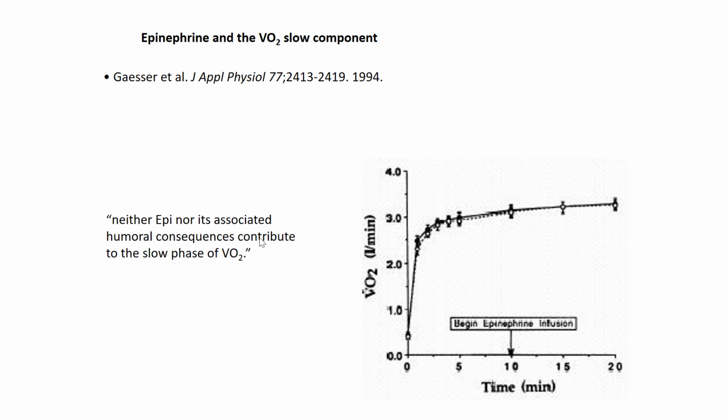And then they said, all right, we're going to have you exercise at an intensity that is exceeding threshold and evoking this slow component. And we're going to infuse that same amount of epinephrine that you had at maximal exercise, but at a submaximal intensity, but rigorous enough to cause this slow component. And as you can see from their data, the lines are directly on top of each other.